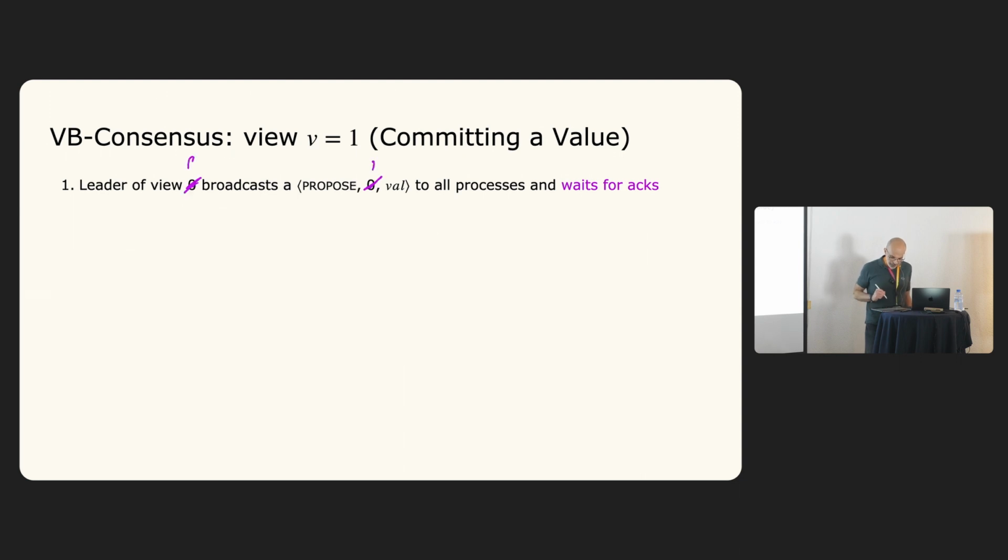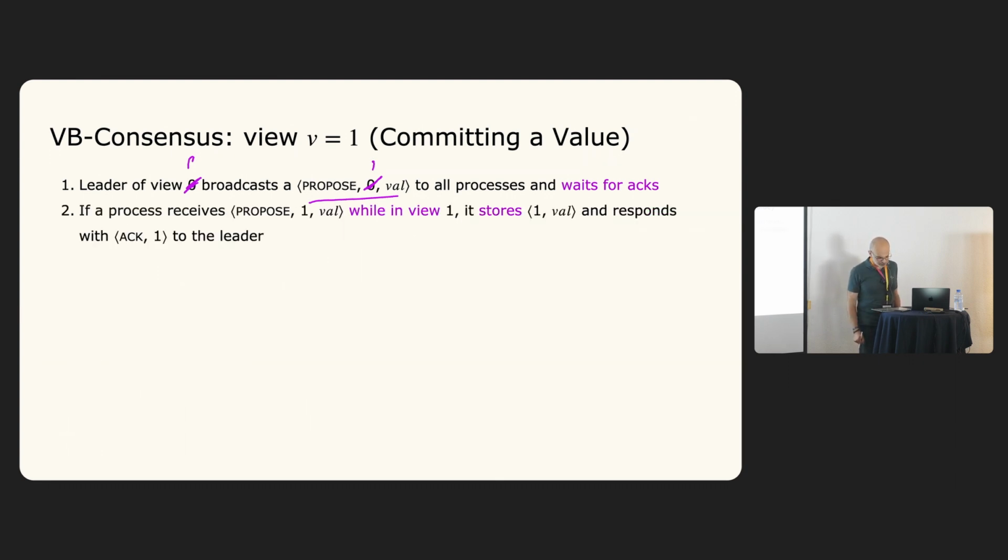The leader of view 1 broadcasts a propose message with the value, waits for n minus f, and if any process receives propose 1 val while it is still in view 1, okay, this is important, it stores 1 and val, and it responds with ack 1 to the leader.